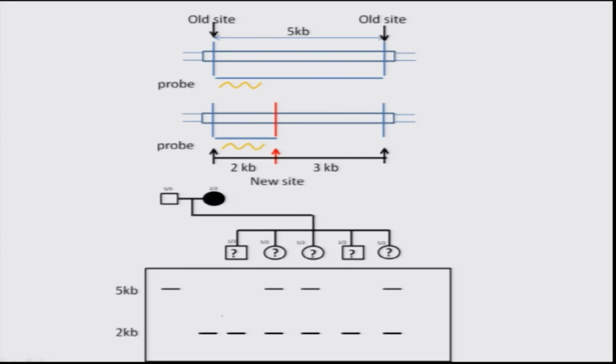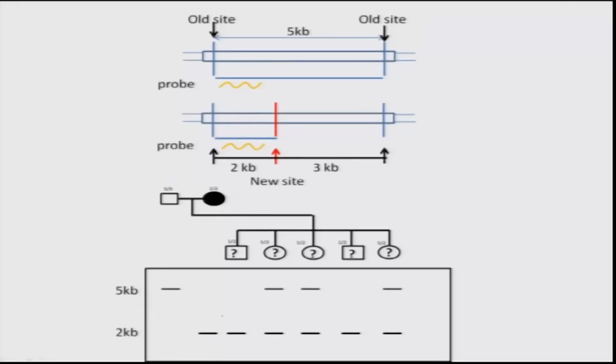The other females in the family all have both a 2 kb and a 5 kb band, which means that one of the alleles is generating a 2 kb band while the other allele is generating a 5 kb band, which means these are carriers for that particular polymorphism, however they are not manifesting the disease.